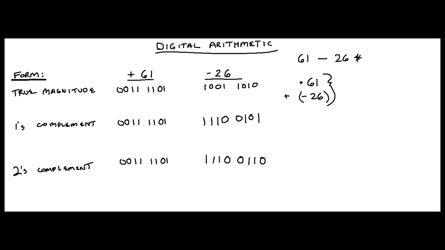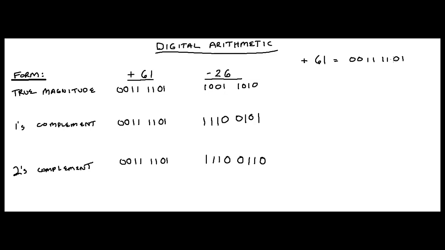All right, so let me take this out of here. And let's just write it down, all right? I'm going to do it the easy way here. Once you get this, it's really not too bad at all. So first, let's write down positive 61. That's going to equal 0, 0, 1, 1, 1, 1, 0, 1.